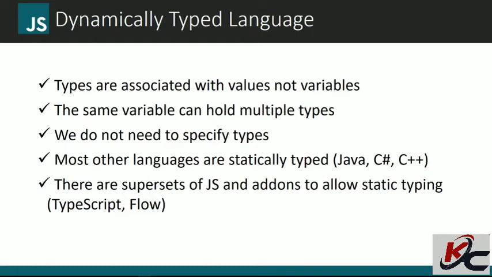In fact, in many languages you actually have to define what type of value is going to be in that variable. So you would have to write a variable name, then string, or int, or float, or whatever type would be allowed in that variable. Okay, this is much different than how JavaScript works.